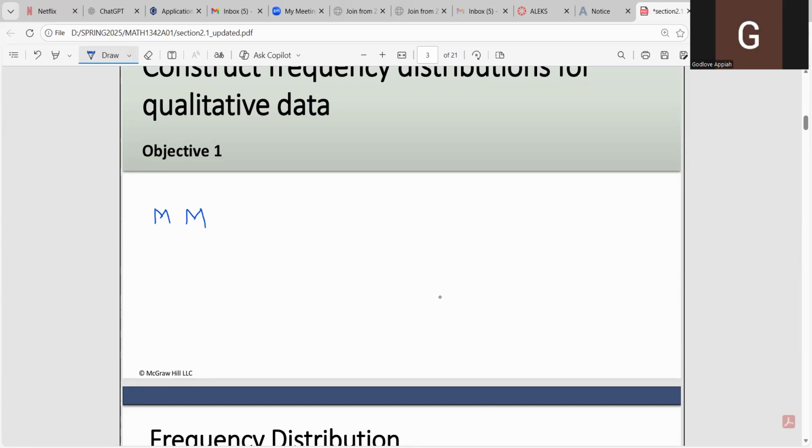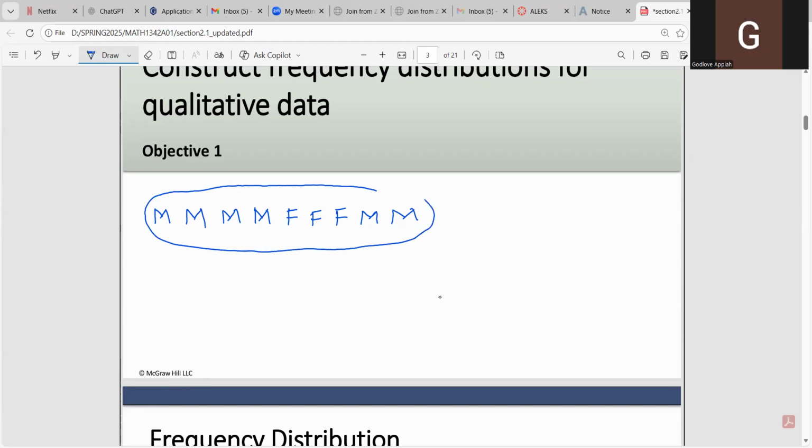The third student is also a male. The fourth one is also a male. The fifth student is a female. And then the seventh student is also a female. The eighth student is a female. The ninth student is a male, as well as the 10th student. So what I have here would be a data set, right?